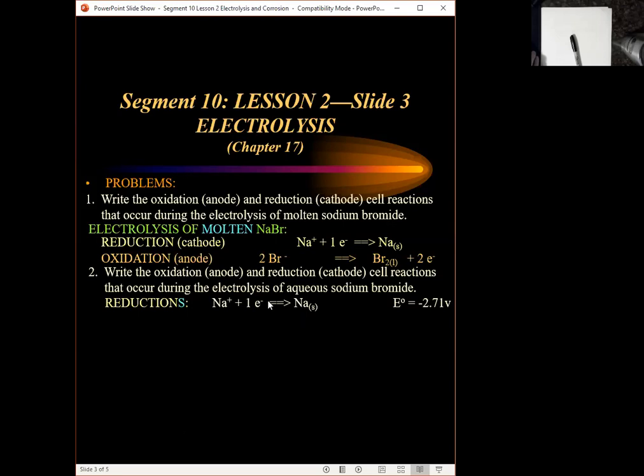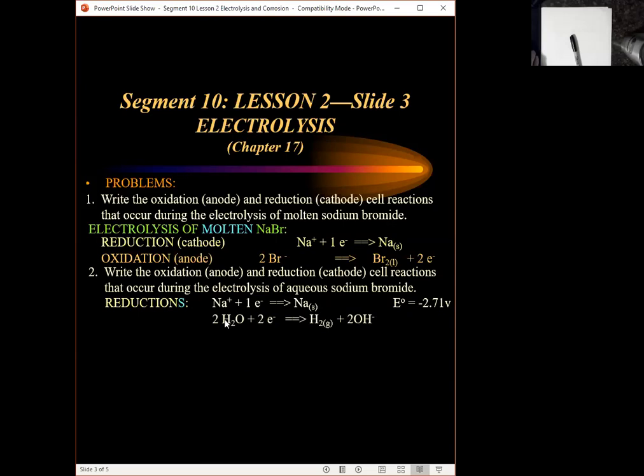The sodium would go to sodium ion and release an electron. So just like in every case in Hess's law, if we turn a reaction around, we change the sign of its functions, including the voltage. Voltage then for the sodium reduction is negative 2.71 volts.